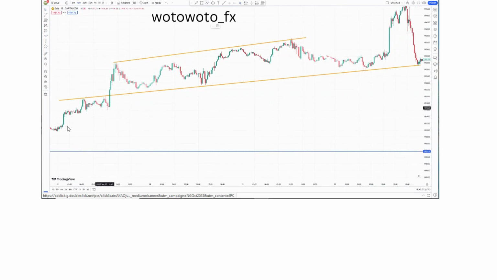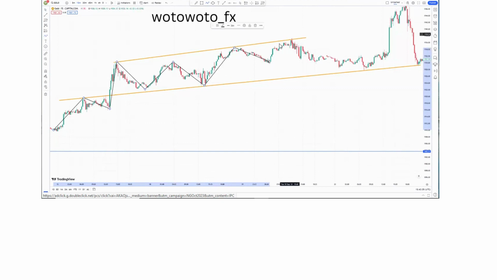Price came to the downside, tapped here. Tapping here, it means that here is a resistance level. Then when price came back here, it broke it. After breaking it, it came down, tapped here as a support, in the sense that after breaking this resistance here, it came back, tapped here, and it's tapping here as a support, going back to the resistance level.